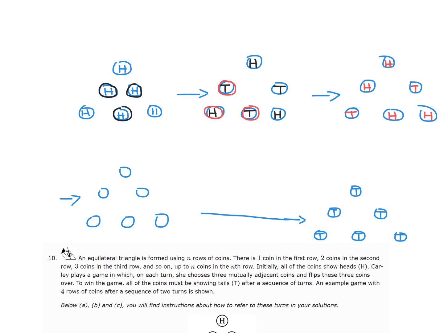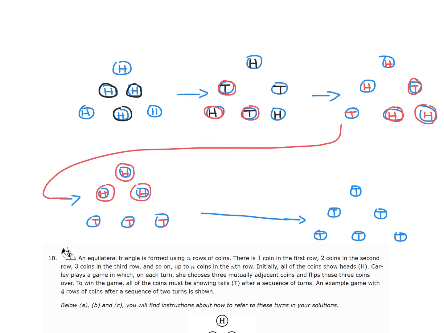And then the next one, I'm going to flip these 3. And when I do, I'll get heads, tails, tails, tails, heads, and heads. And then I can flip these 3. And when I do, I've already drawn it out. Tails, tails, tails, tails, tails, tails.